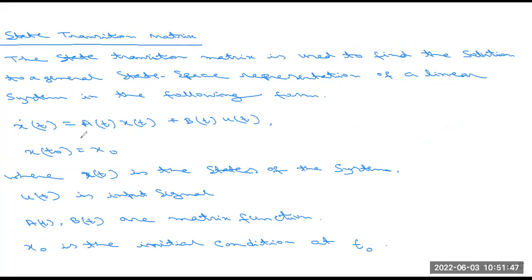So here x(t) is basically the states of the system, different states of the system, x1, x2, up to xn, and u(t) is basically the input signals here. A(t) and B(t) are basically matrix functions also. And x0 is considered for the initial condition, that means when t is 0.